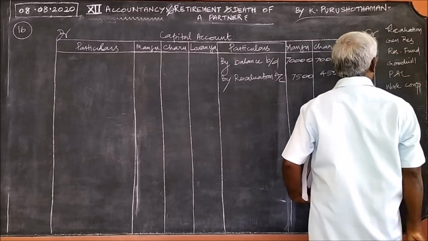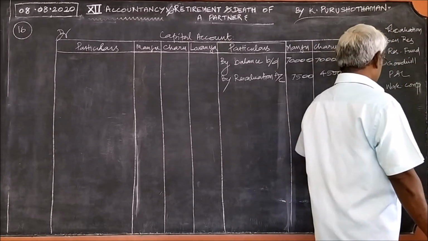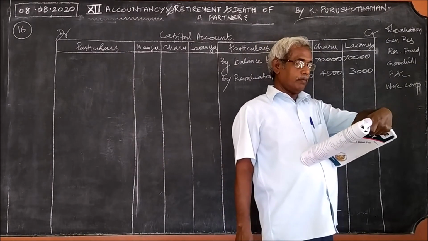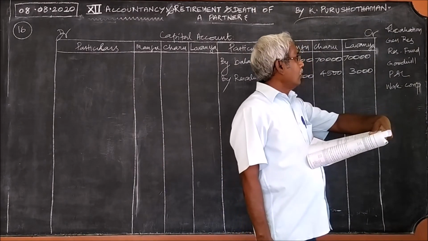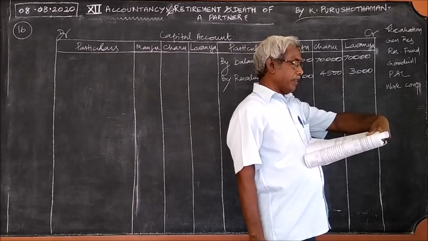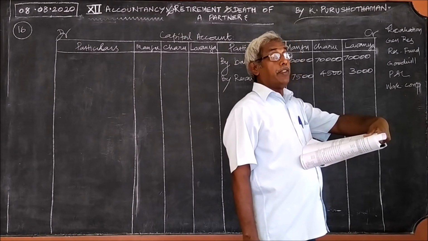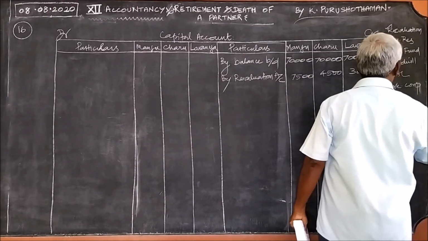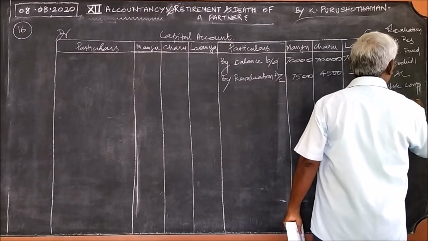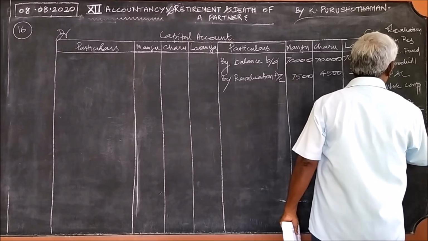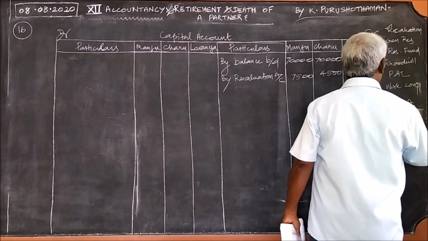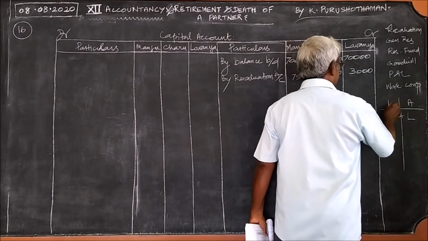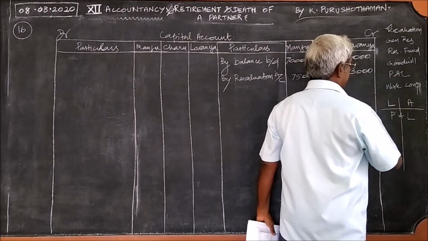This we have written. From the other, what is the item given? You can look at the balance sheet given. Out of these 5, one is given. What is it? Profit and loss account. This is liability, this is asset. If profit and loss account appears on the liability side, it is a profit.